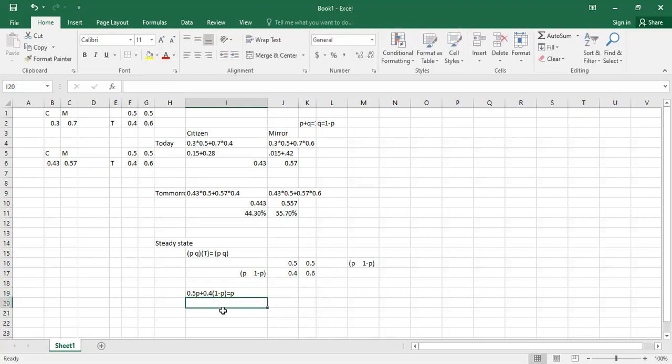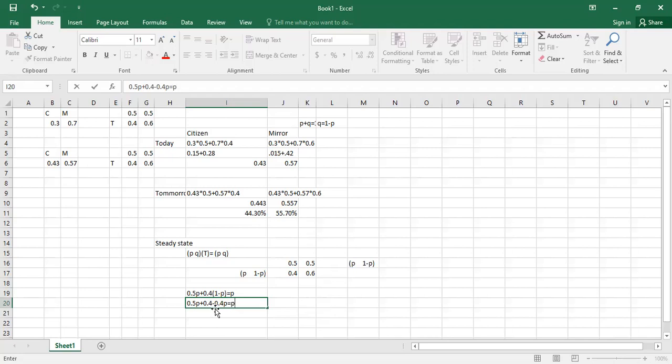So are we there? Now I can solve for P. I'll open and then collect the like terms. So 0.5 P plus 0.4, I'm opening, minus, not plus, minus 0.4 P. That will give me P, correct?